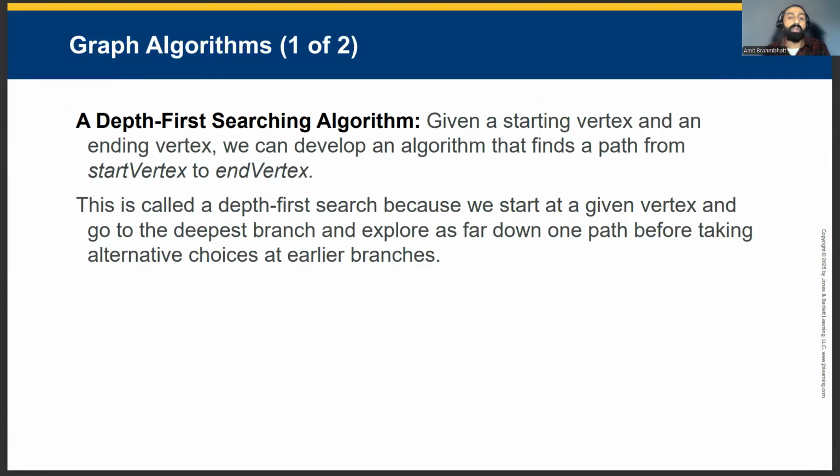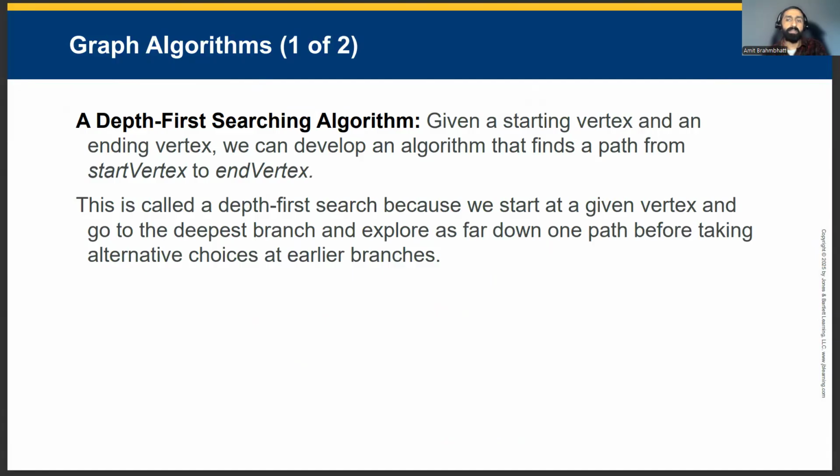Moving on to graph algorithms and depth-first search. This slide introduces one of the most important algorithms used on graphs, the depth-first search or DFS. The idea is to find a path from a starting vertex to an ending vertex by exploring as deeply as possible along each branch before backtracking.